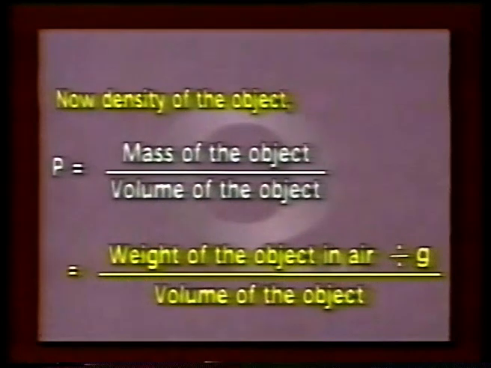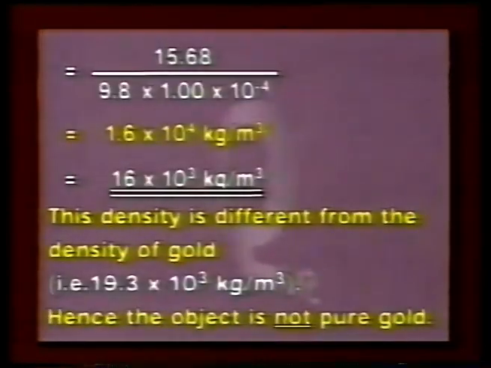Now, density of the object, ρ, is mass of the object over volume of the object, which is weight of the object in air divided by g, all over volume of the object. So that is 15.68 over 9.8 times 1.00 × 10^-4.